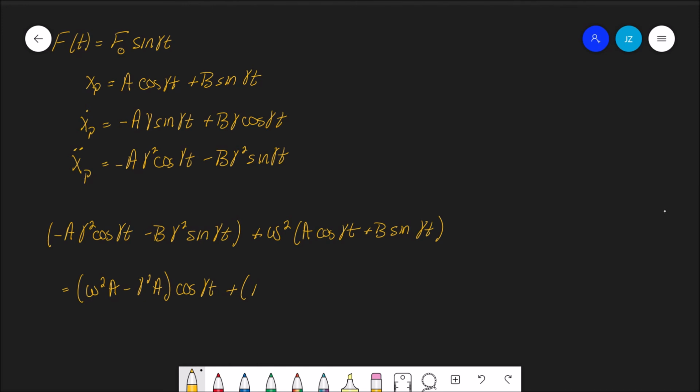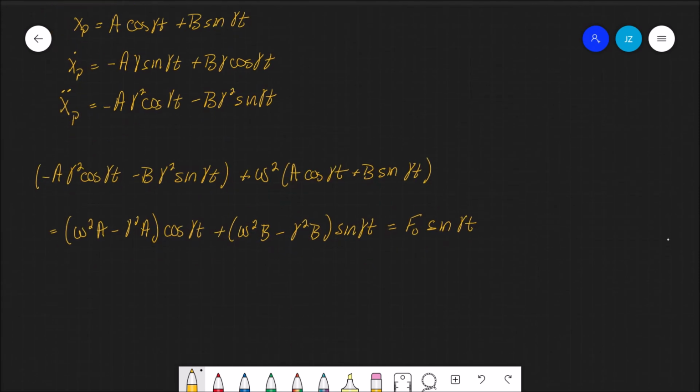We get (omega squared b minus gamma squared b), and this has to equal f naught sine of gamma t.